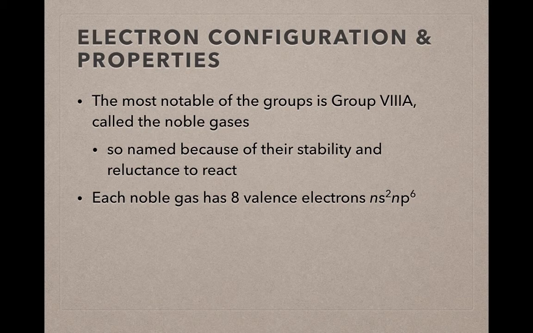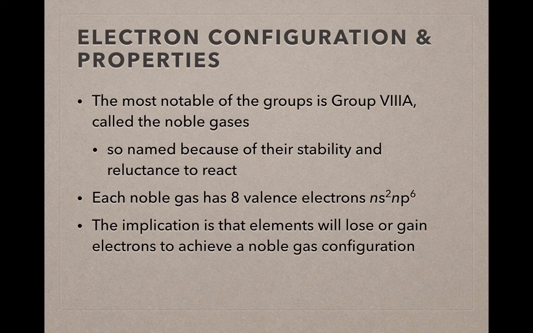But everything below helium has an electron configuration of ns2 np6, where n is the period that noble gas is in. So the implication is that elements will lose or gain electrons in order to achieve the same configuration as a noble gas, either by losing electrons or by gaining electrons.